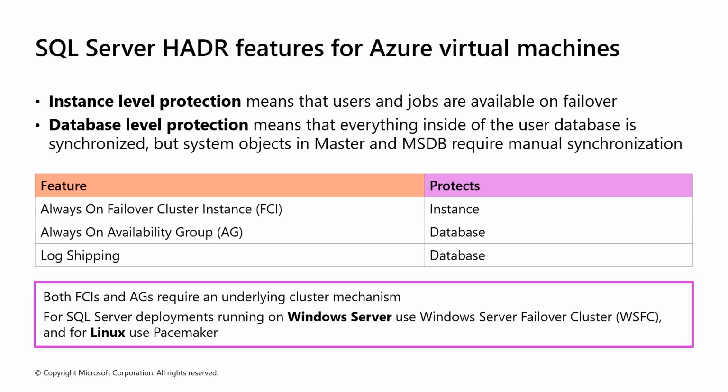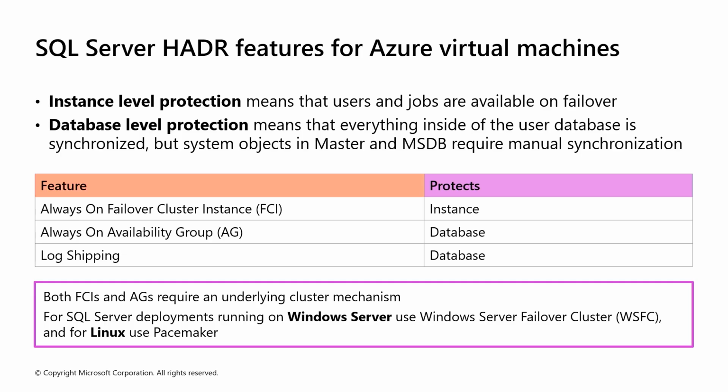Benefits of the FCIs include unified failover for all instance components, and it's ideal for environments needing centralized management. AGs offer flexibility, enabling granular failover and read scale capabilities suitable for distributed apps or performance optimization.